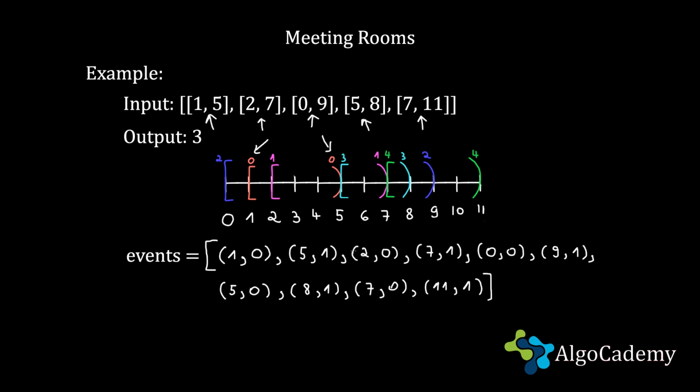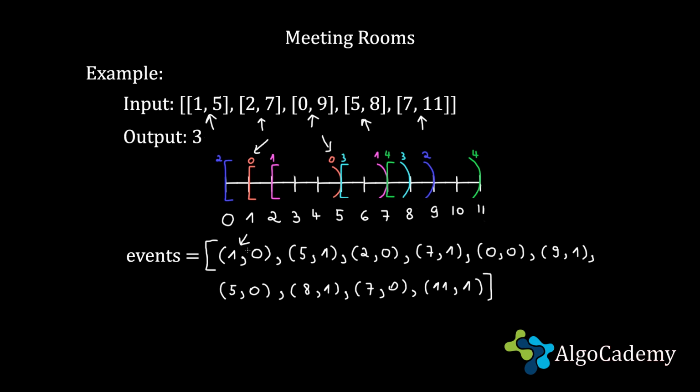Now, as you can see, of course, the events array is also messy. The first event is at the moment of time 1, the second one 5, then 2, then 7, then 0, so obviously this is not a chronological order. But in order to get a chronological order, as we said, all we have to do is sort the array of events by the first value, so by the moment of time, right?